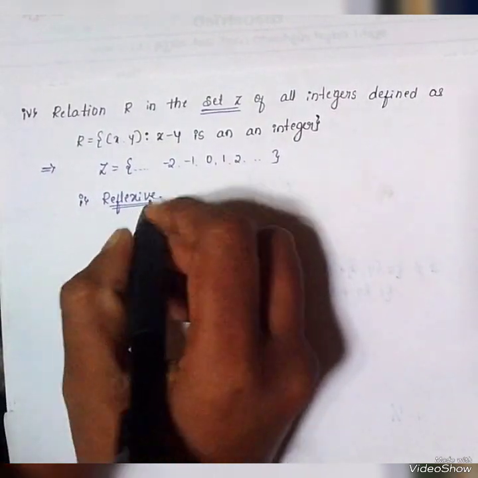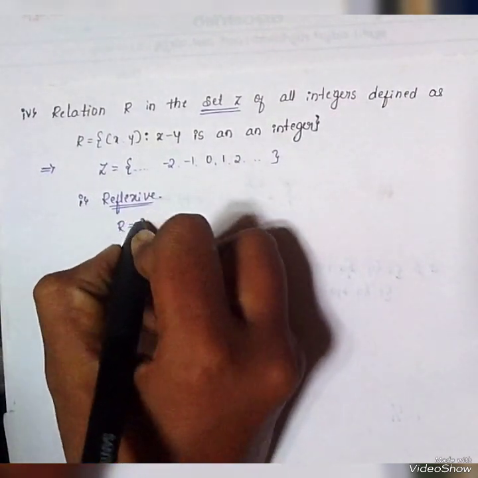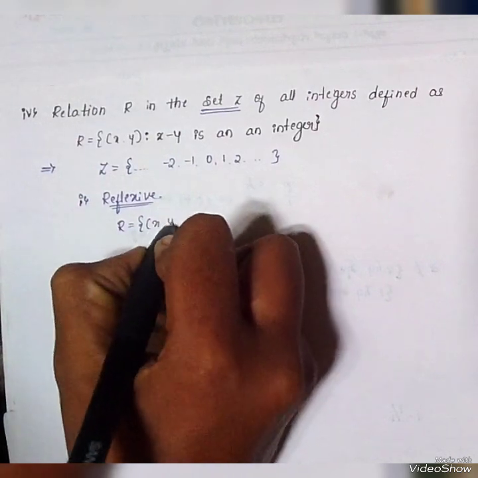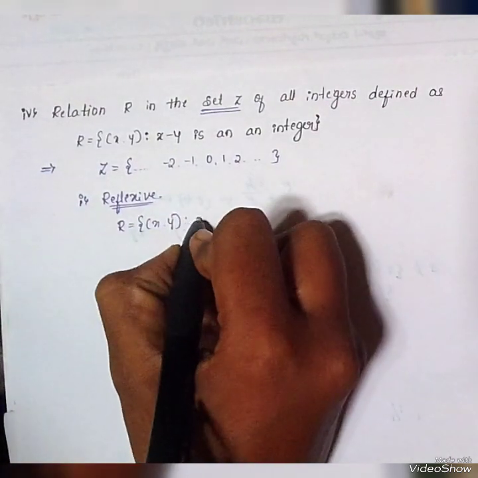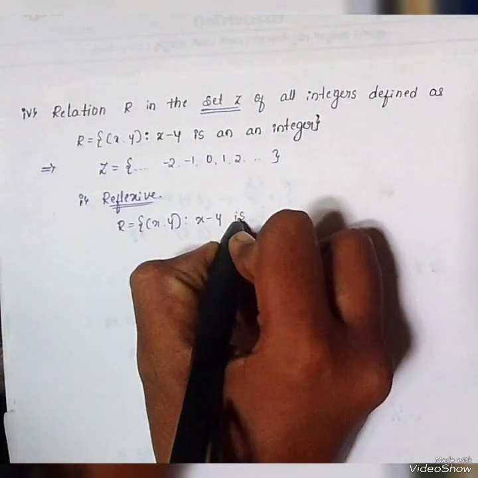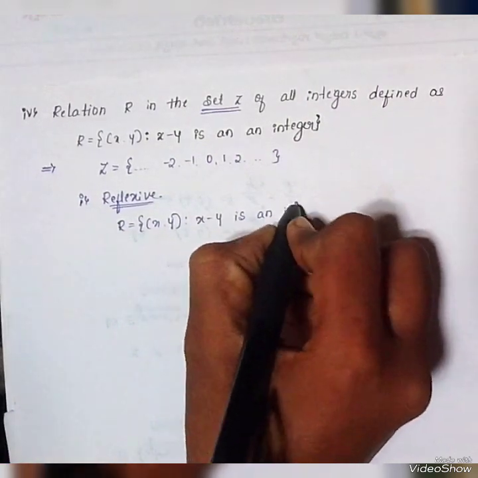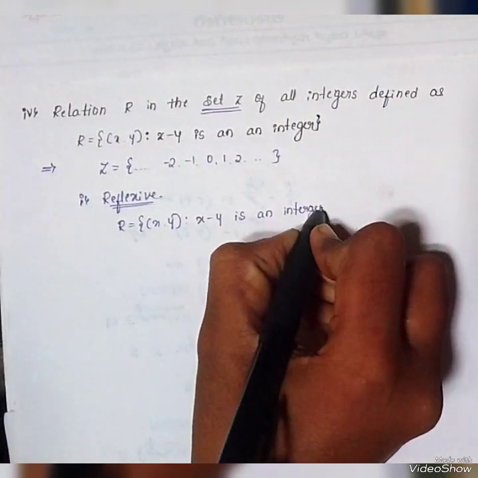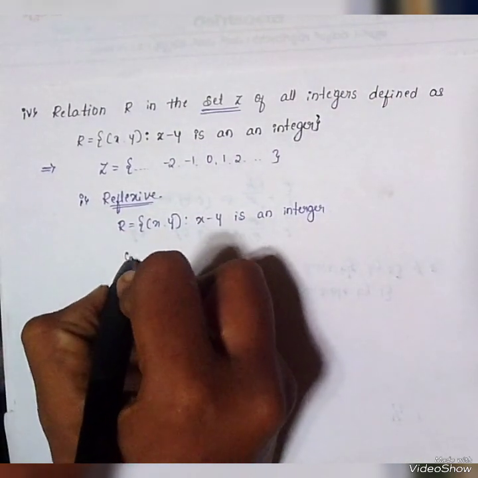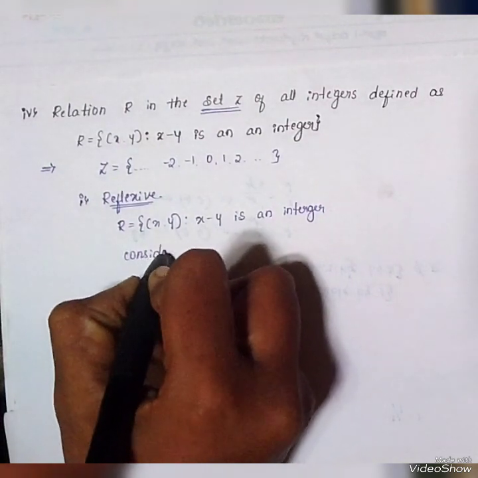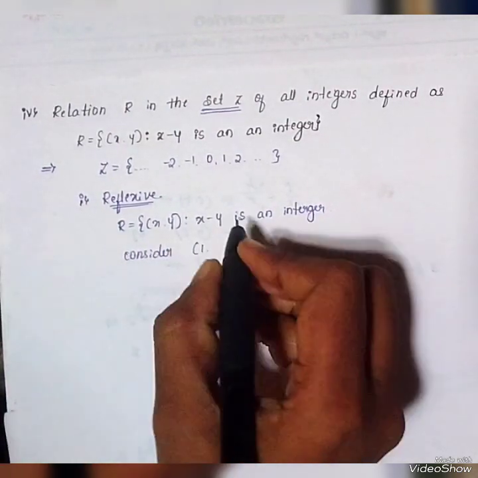Reflexive condition. Here the relation R equals x comma y such that x minus y is an integer. Here we consider the value 1.